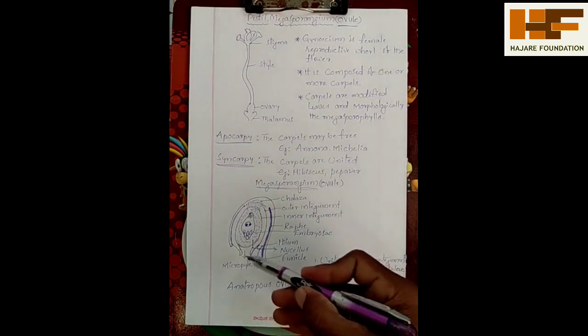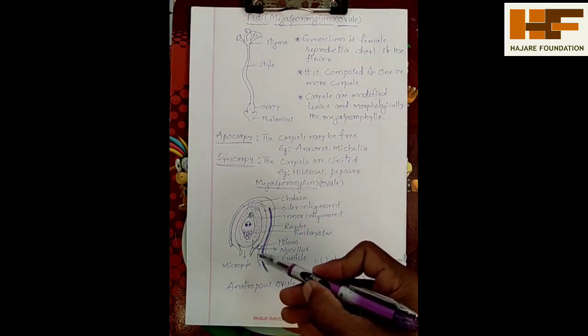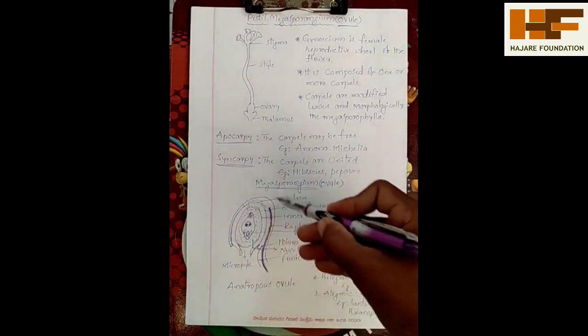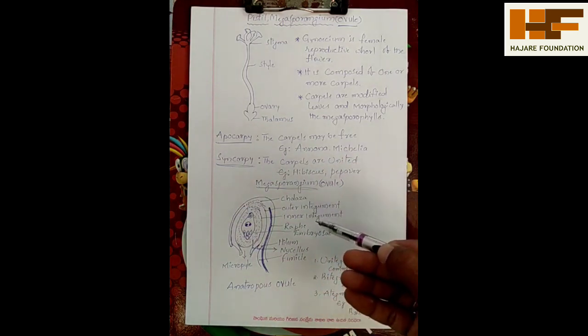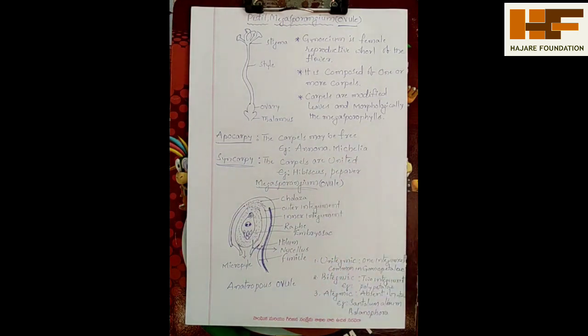Now we observe the structure of an ovule, and moreover it is an anatropous ovule. In our textbook it is given in an inverted manner. Here we may observe the structure of the ovule or megasporangium. It is composed of different parts.